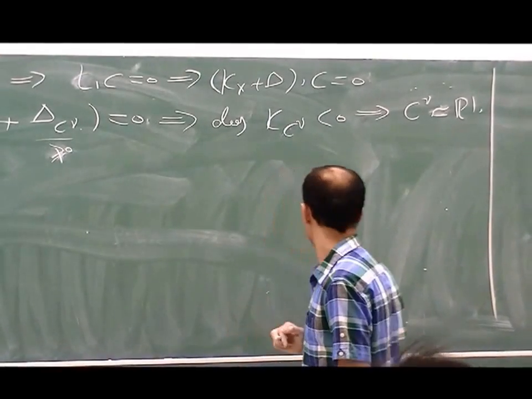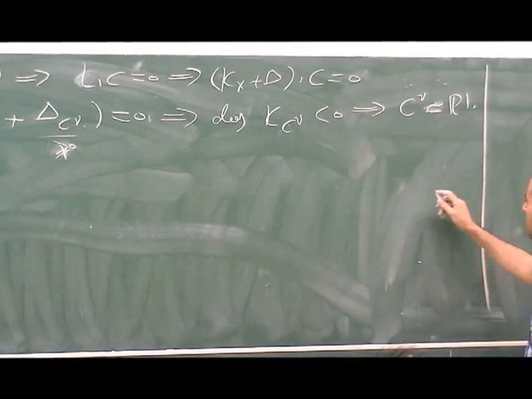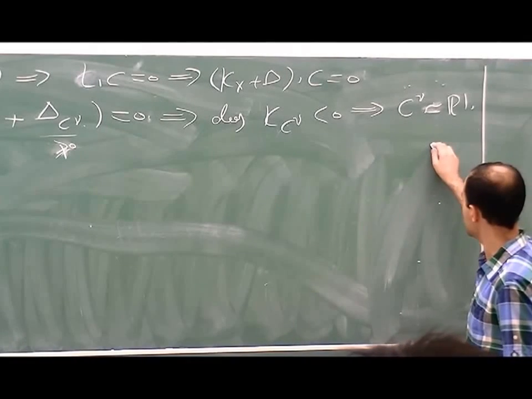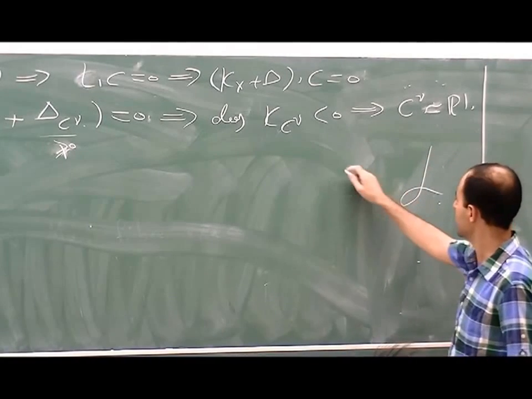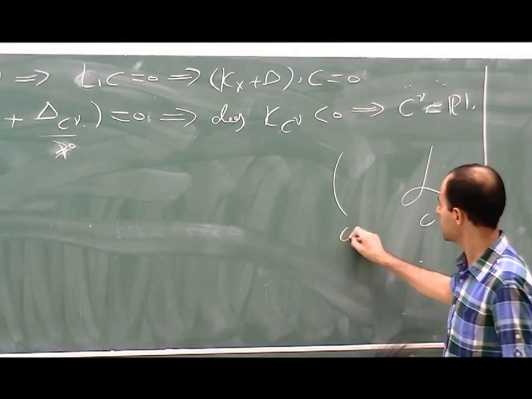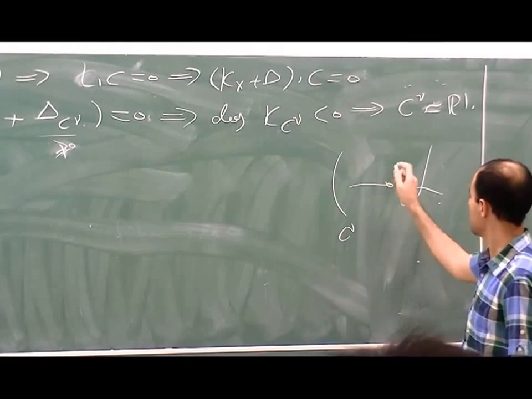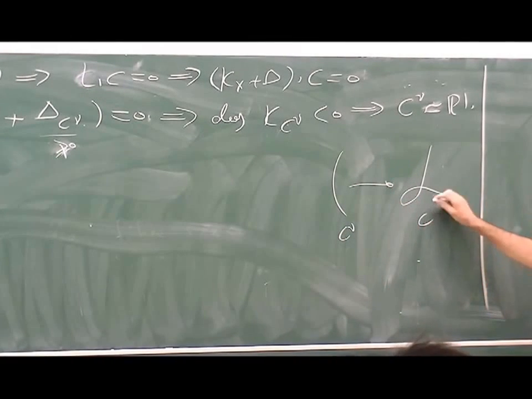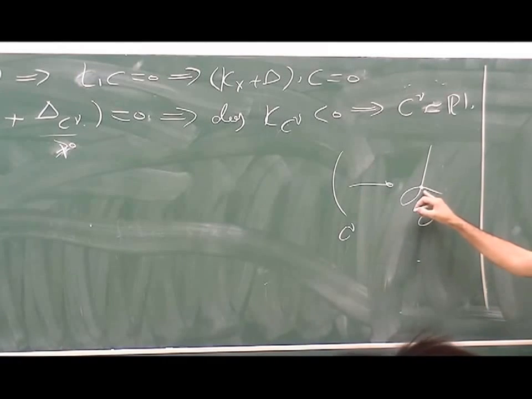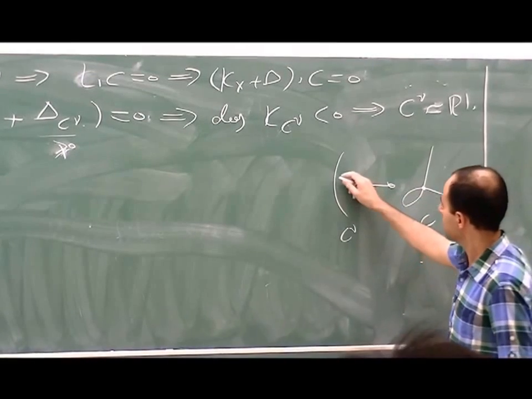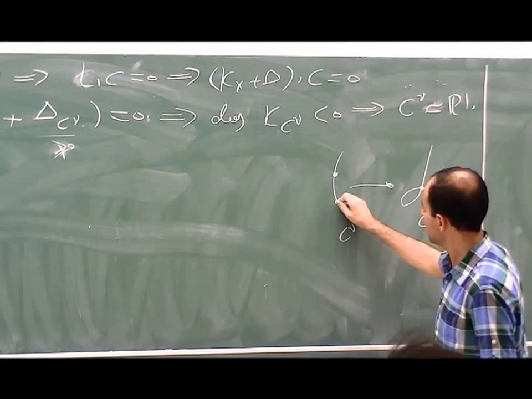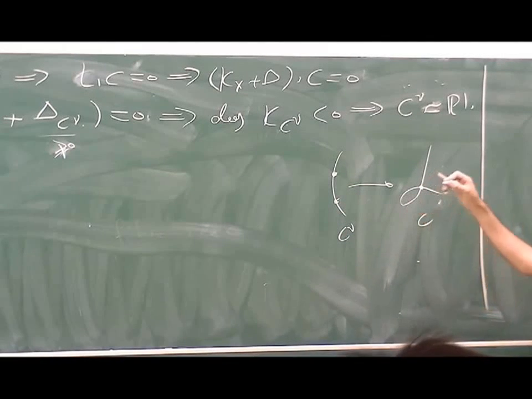But you can actually say more. You have the curve C itself, maybe something like this, and then you have C nu, the normalization. If you have a singular point, for example of this form, on the pullback to the normalization you get, in this example, 2 points.